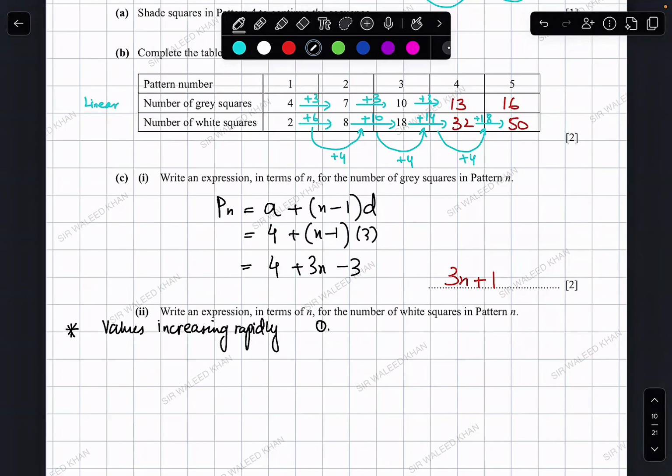The first one, compare to a square sequence, square number, or cube number sequence. The second one, we can compare to an exponential sequence.